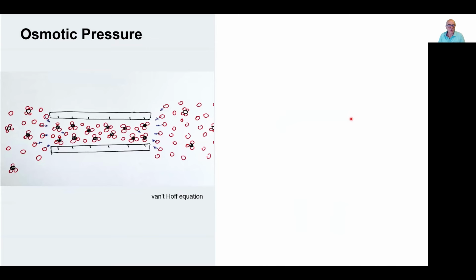This osmotic pressure also happens between two clay particles. Between two clay particles, we have high ionic concentration because of the counter-ion cloud. There are lots of ions that need to be there to compensate the charge of the clay. So this water here tends to have high ionic concentration.